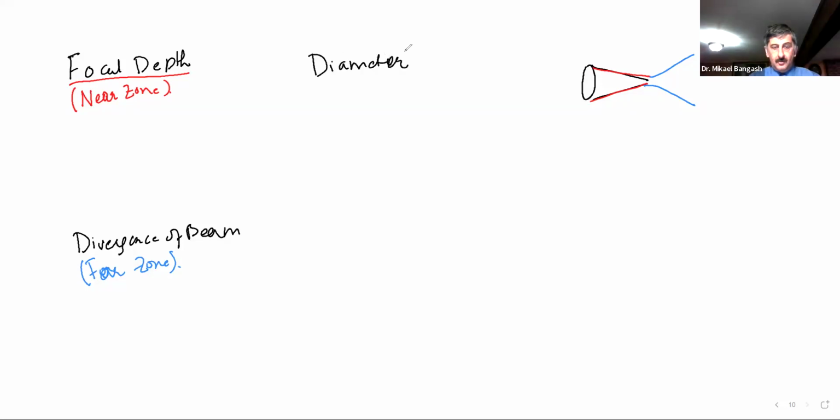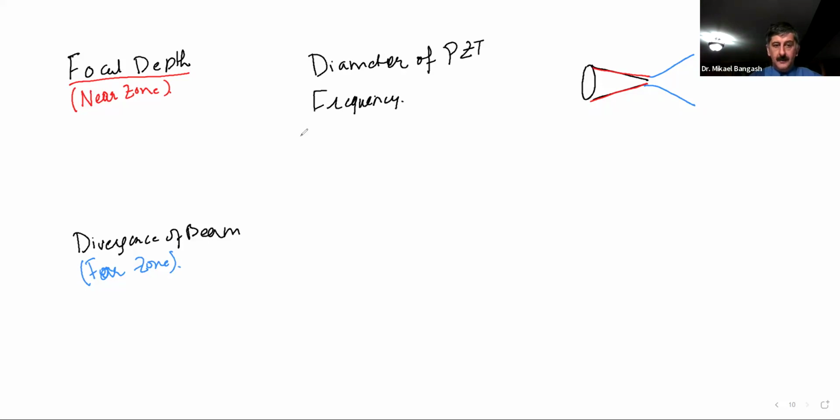One is going to be diameter. What we mainly mean here is the diameter of your PZT or active element or crystal or whatsoever. Is that clear? The next one is going to be your frequency.